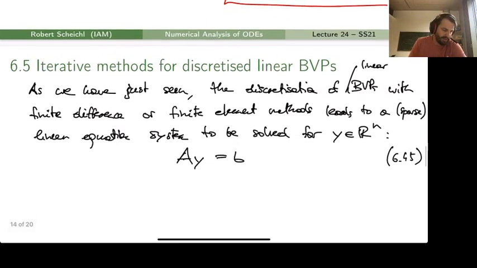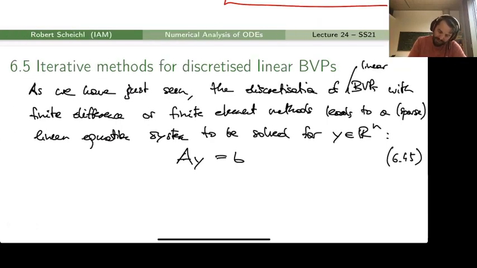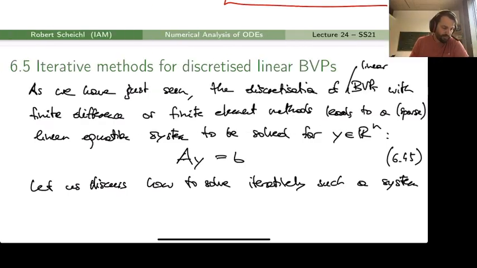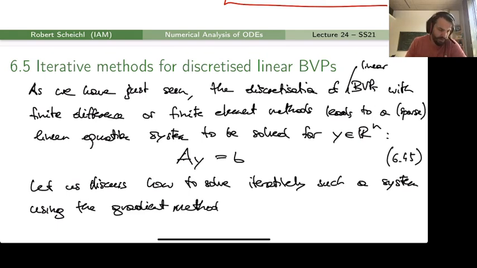So let us, to finish this section now, discuss how to solve iteratively such a system. And we will use, on the one hand, the gradient method defined in definition 4.2.3 for general nonlinear problems.